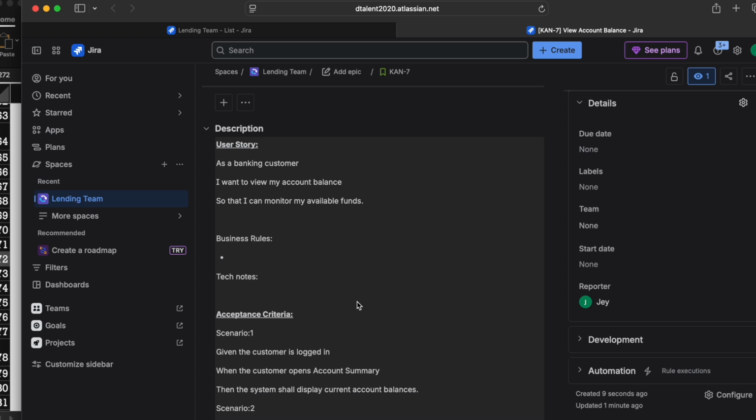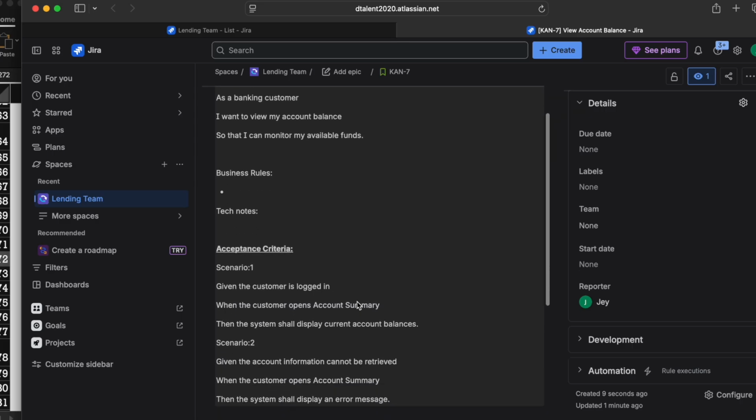You are dealing with multiple projects, right? So let's say there are multiple developers and testers working. If everyone tries to ping you and ask questions, what does this mean, what's scenario one, what will happen if this does not happen, it's going to eat up all your time just to clarify questions, right? That's not good.